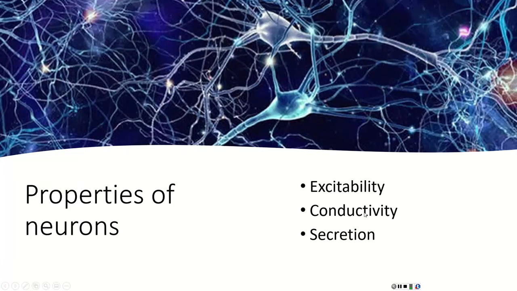Neurons can produce and send electrical signals. And finally, secretion. Neurons also have special secretions called neurotransmitters. And these are chemicals that are released by neurons to communicate with other cells.